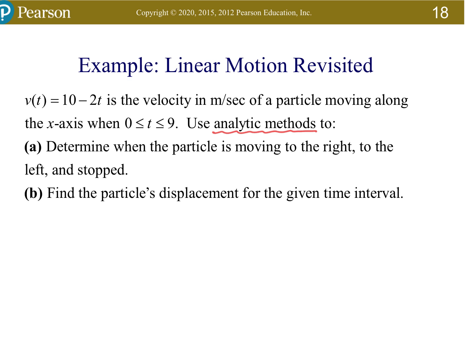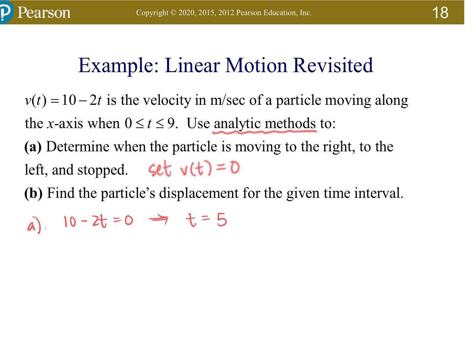So part A, determining left, right, and stopped, harkens back to first semester. To do that, we want to set what equal to 0? Set velocity equal to 0. Velocity was given to us. So in part A, we'll take 10 minus 2t and set that equal to 0, which is going to give me t equals 5.